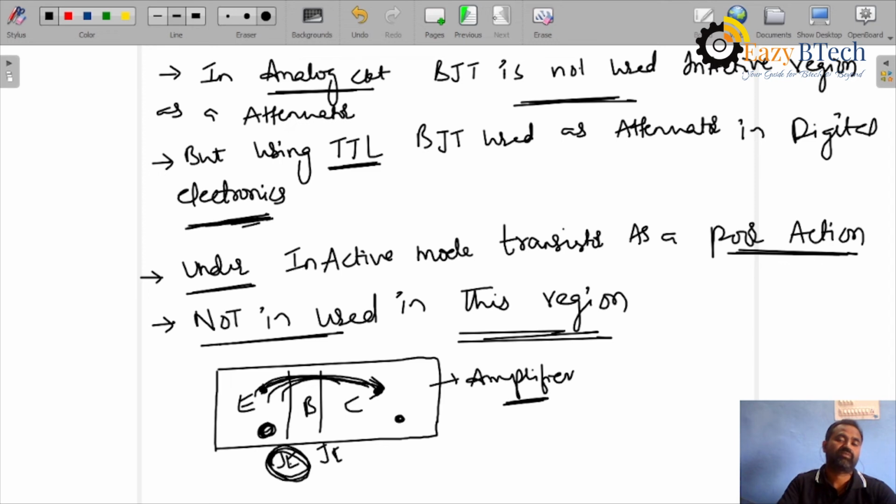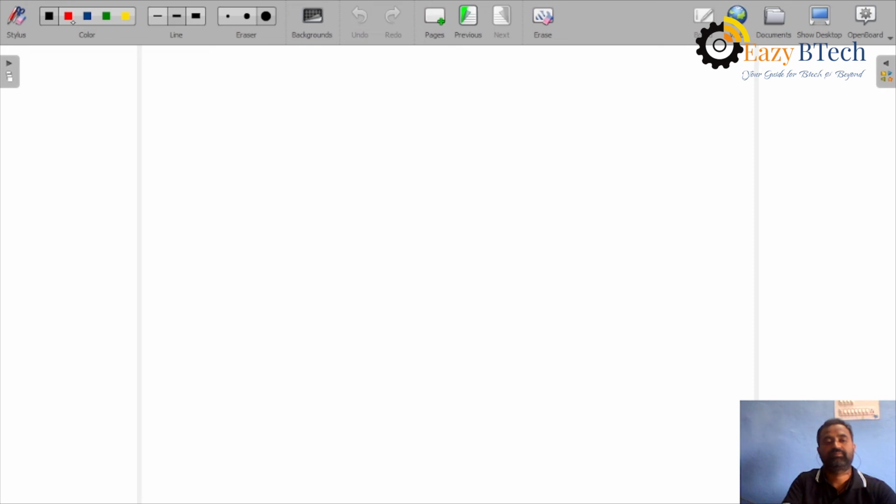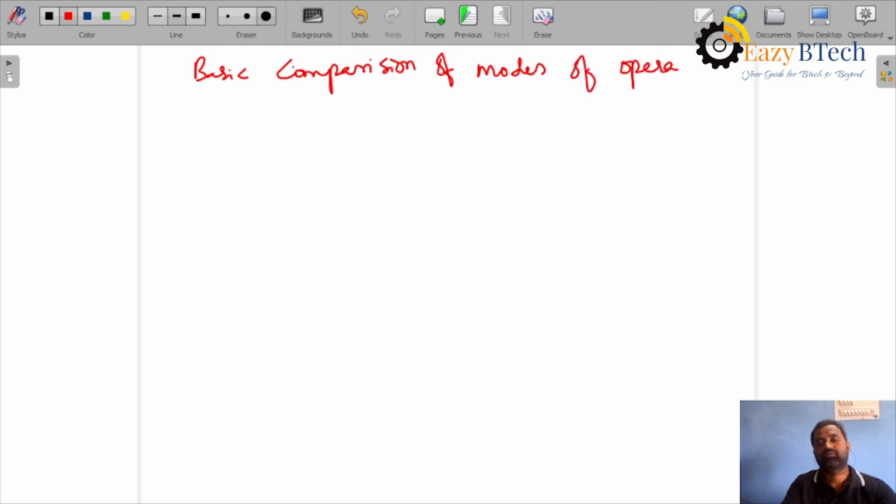So now we will see the basic comparisons. Basic comparison of modes of operation.